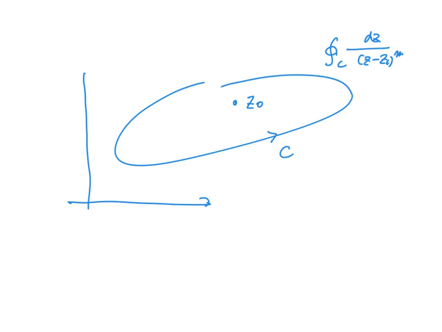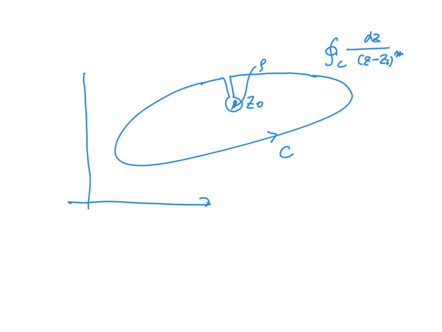Let's modify this smooth arbitrary curve with a slight cut. Make a circle with a small radius rho.